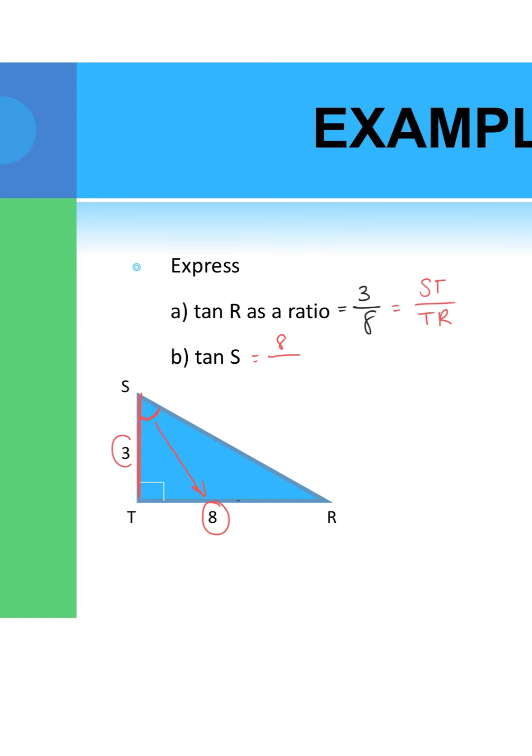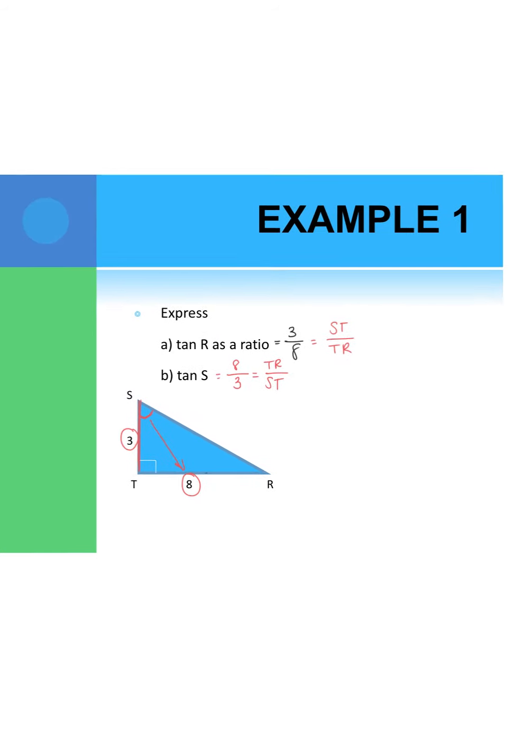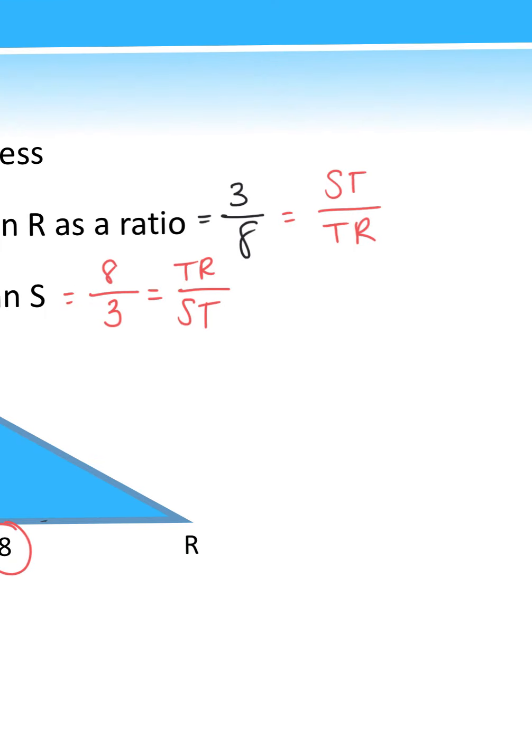The adjacent leg is 3, so that's going to be 3 in the denominator. Or this is TR over ST. Okay? We're going to do 2 more examples like this, okay?